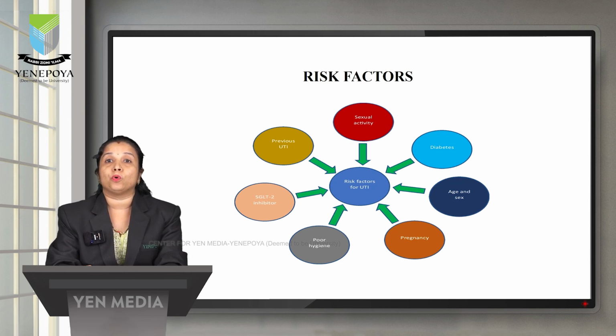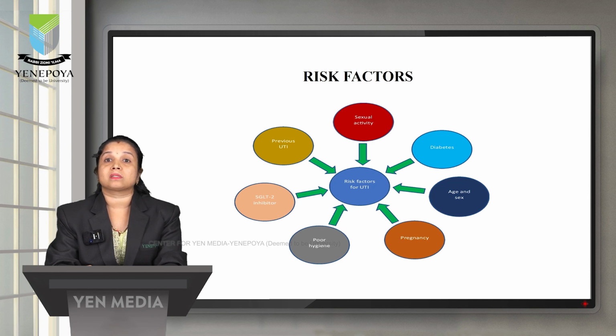Age also matters: they usually occur between 20 to 30 years, and another factor is the postmenopausal period, because of the low level of estrogen, they are more prone to get a urinary tract infection.